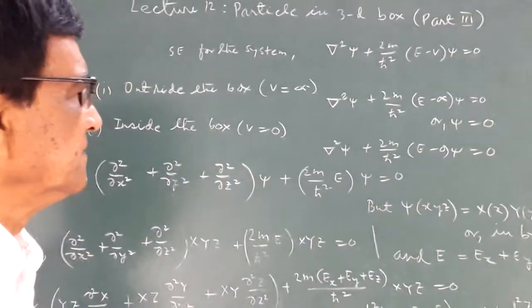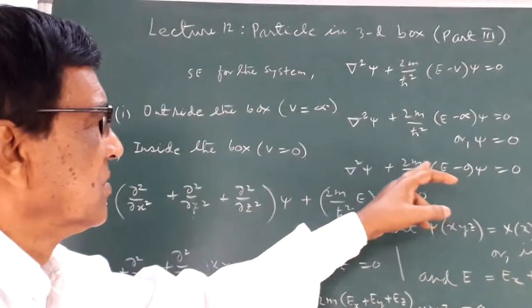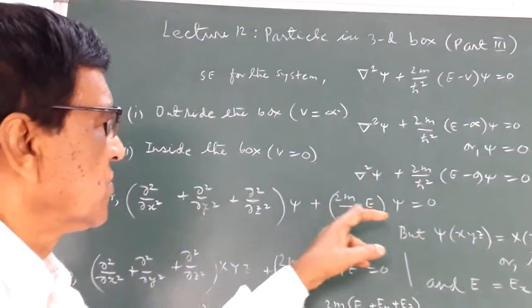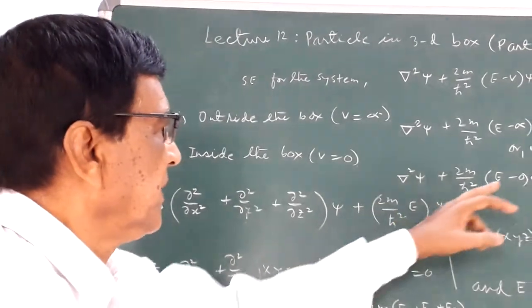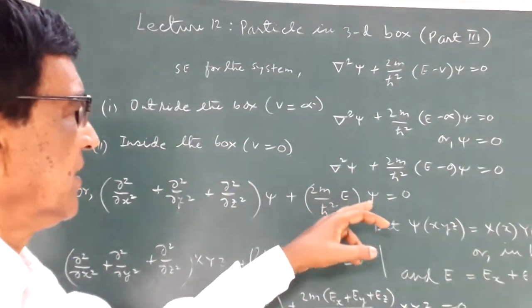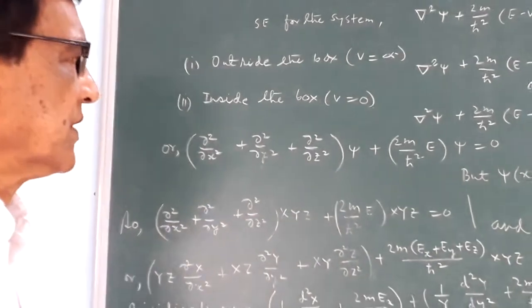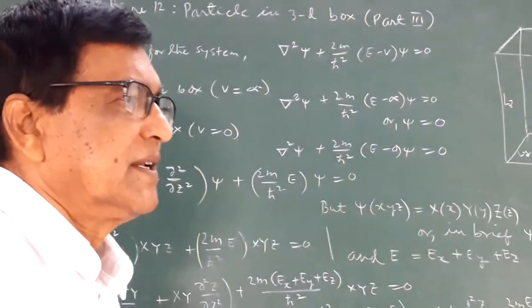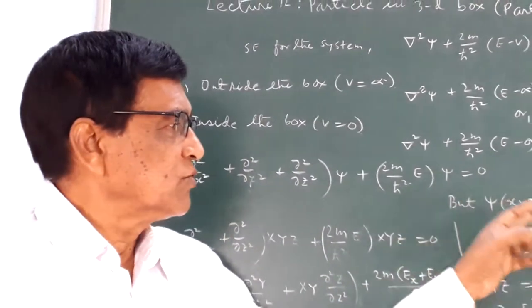Here V is equal to 0. So this is 2mE over h cross squared times psi. This psi wave function is a function of x, y, z.